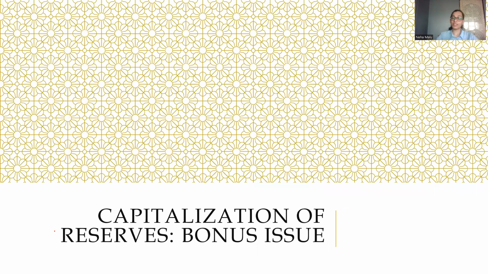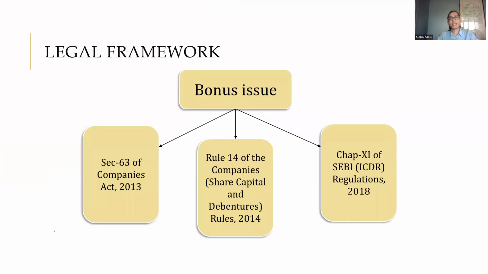Now moving ahead with bonus issue. In the case of bonus, there is no direct outflow of cash from the company and only shares are issued to the existing shareholders in a specific ratio as decided by the company. When we speak about the legal framework around bonus, whether it is a listed or an unlisted company, it has to comply with Section 63 of the Companies Act and Rule 14 of the Companies (Share Capital and Debentures) Rules.